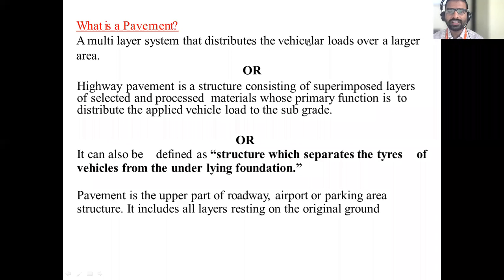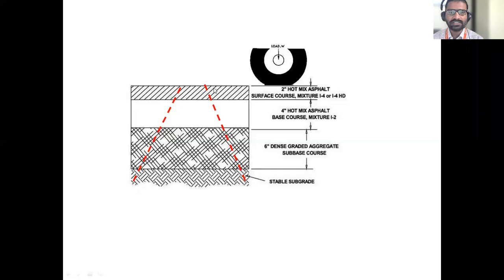Vehicular loads means vehicle loads: your car, or whatever vehicles are moving on the road, is called load. We can also define it as a structure which separates the tires of the vehicles from the underlying foundation. The upper part is called pavement. So this is the structure which separates the vehicular loads from the foundation.